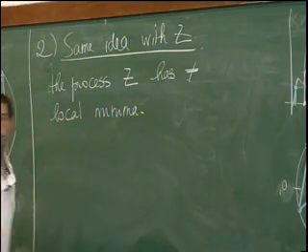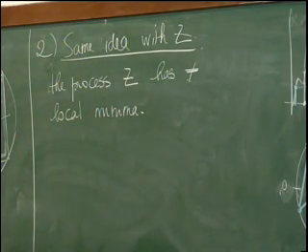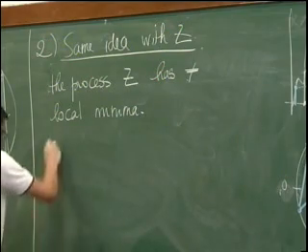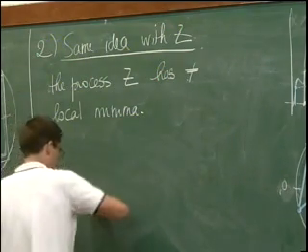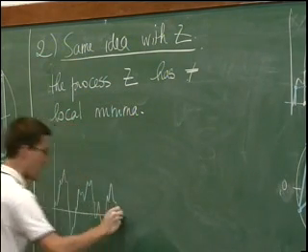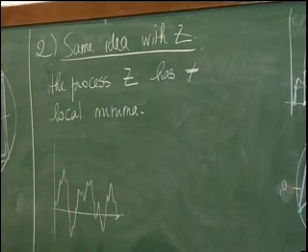So if you want to see this, it's a process over 0, 1, that ends at 0 at 1, which is not positive. But this process has local minima.